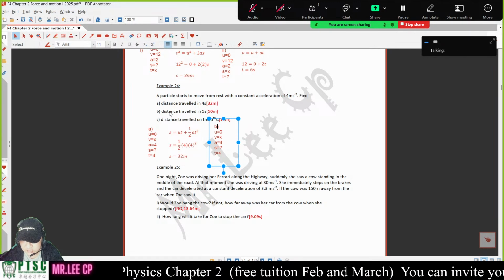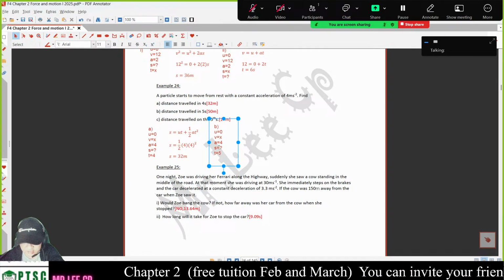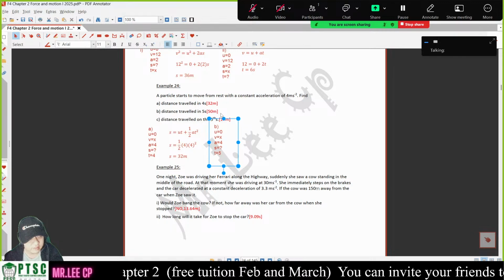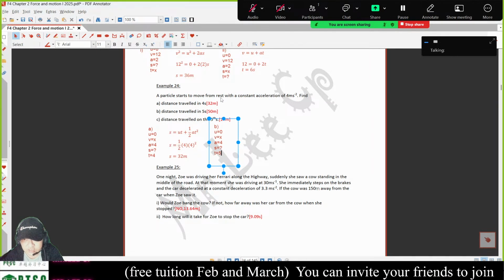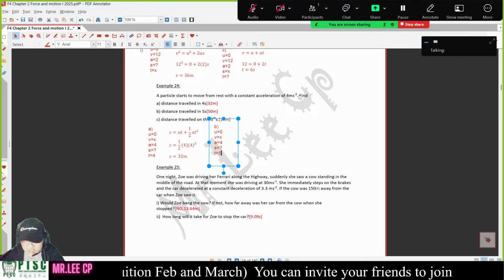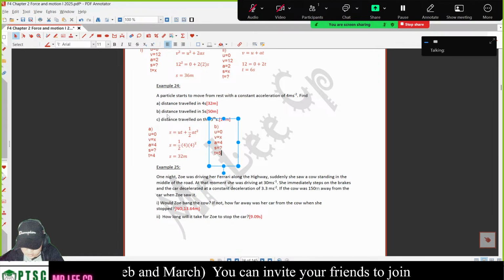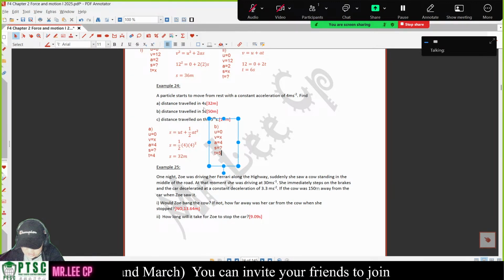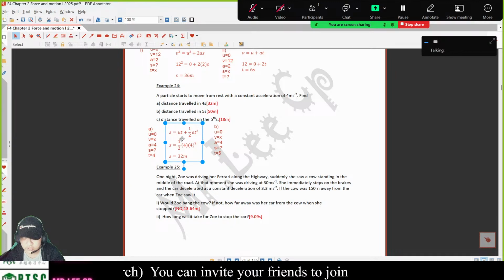S, distance traveled in 5 seconds, is the one that you want to ask. T is time, in 5 seconds. So you are going to put it in this formula.